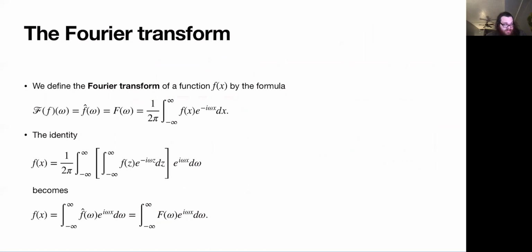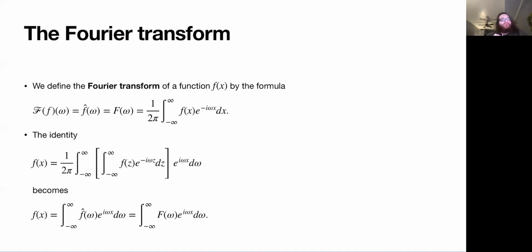Some that we'll see in this course are this capital F of omega, where it's understood that if the function that you care about is a lowercase f, then the Fourier transform is going to be capital F. Notation that's a little more popular in the literature and actual research is this f hat. So just add a little hat above your function.